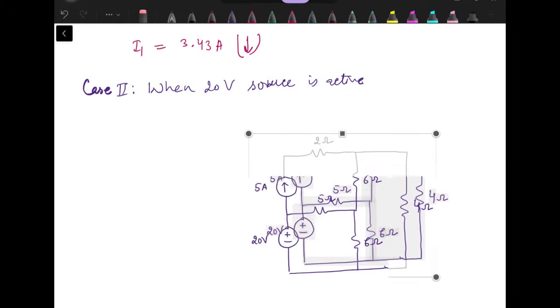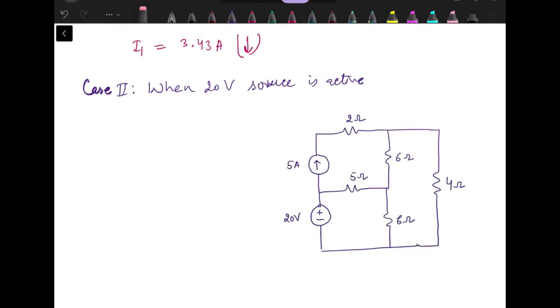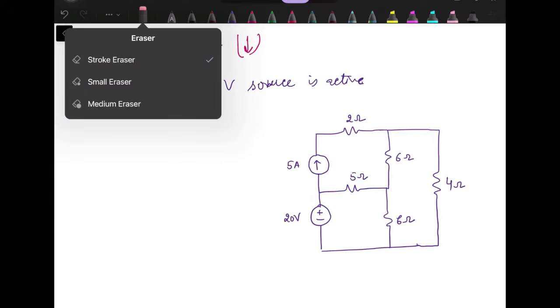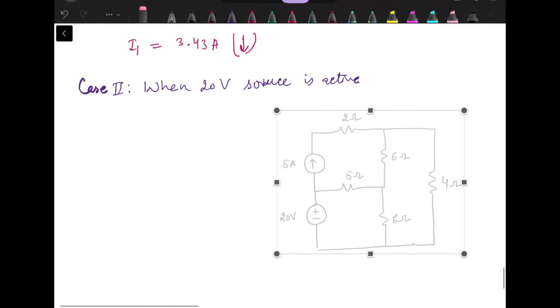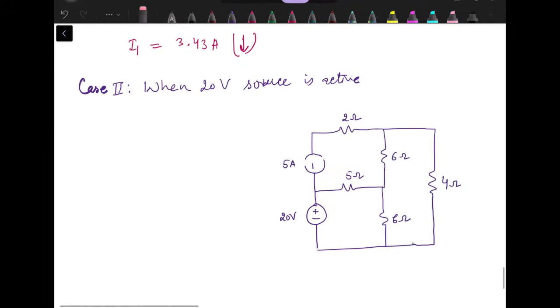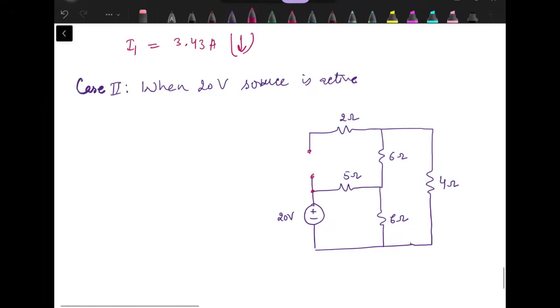The internal resistance of a current source is infinite, so it has to be replaced by an open circuit. So when the 5 ampere source is replaced by an open circuit, we have a 20-volt source. So this forms one mesh, this is the second mesh.